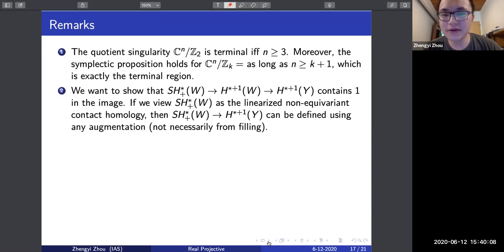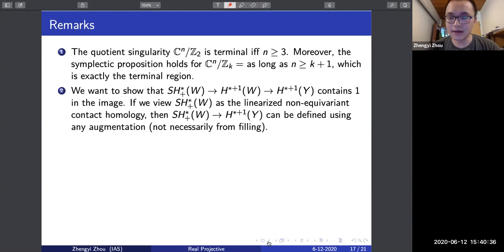And the good thing about this map is that it can be phrased without explicit reference to the filling. So if we view SH plus as some kind of linearized non-equivariant contact homology via the construction of Bourgeois and Oancea, the composition map can also be defined just using augmentations and holomorphic curves inside the symplectization.